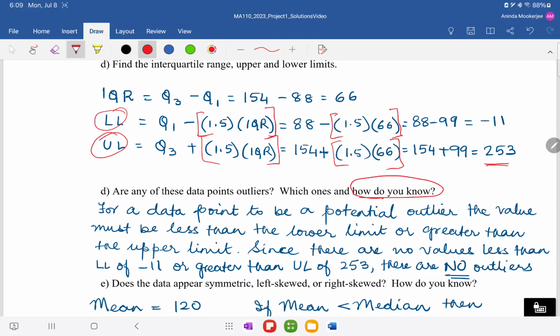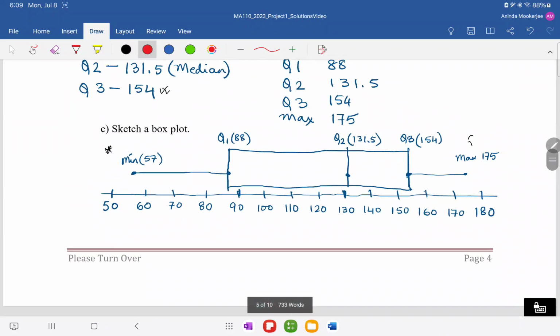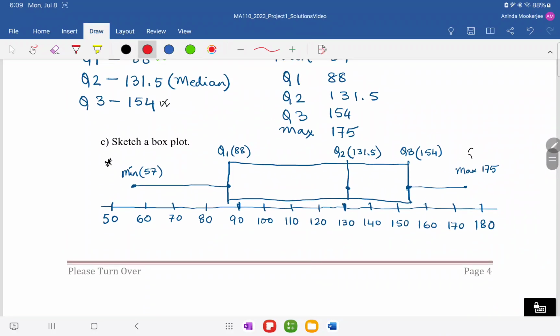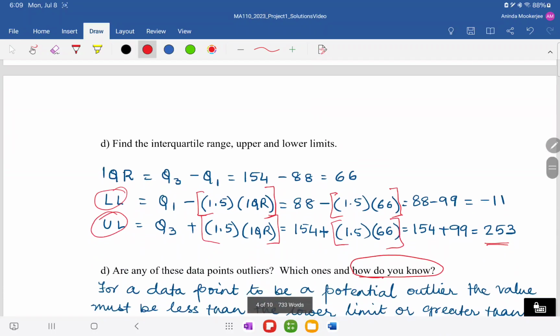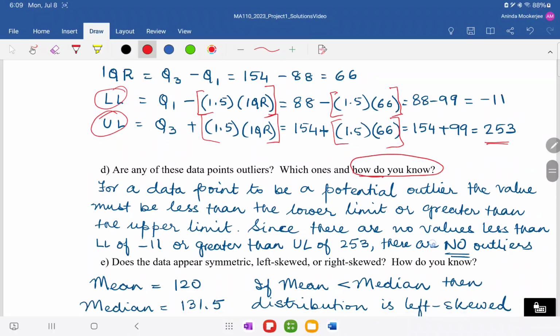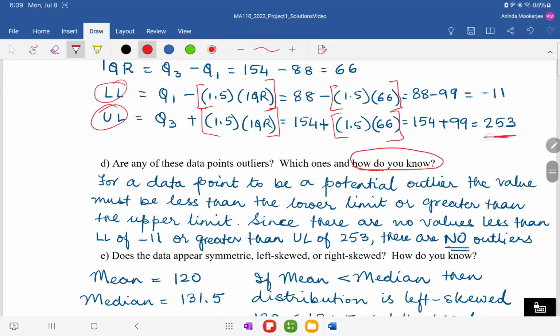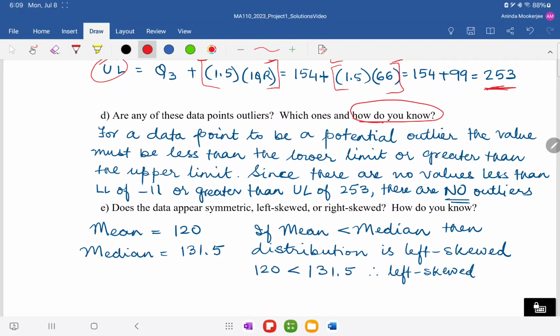At the upper end, what is the highest value we had? 175, right? 175 is way less than the upper limit value of 253. So we don't have any potential outliers, and we have explained it in the first sentence. That's the reason we came to that conclusion.